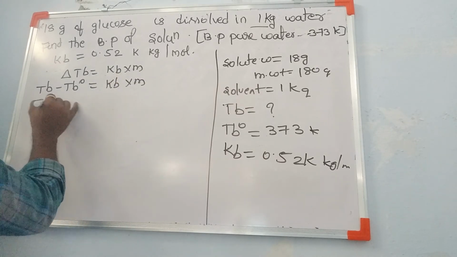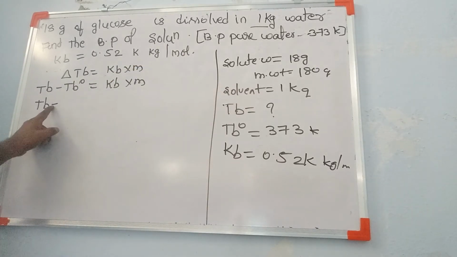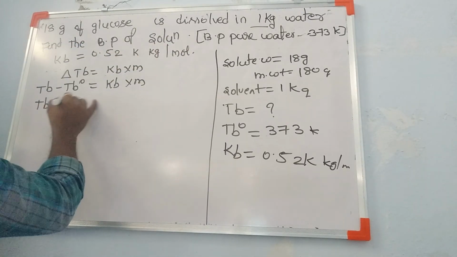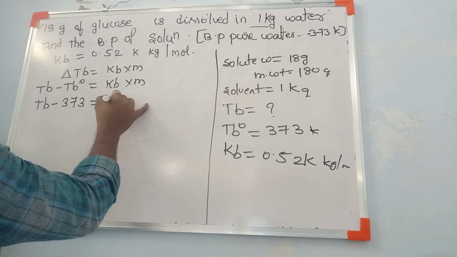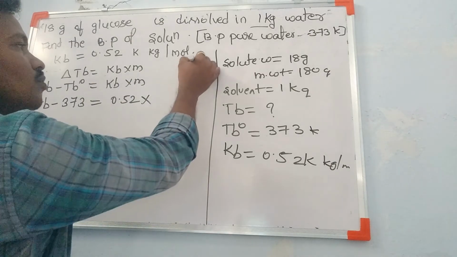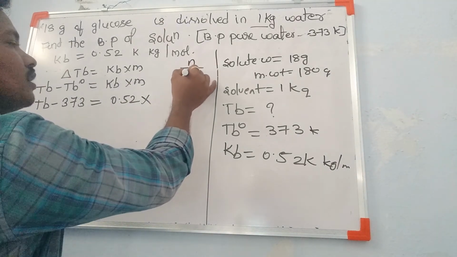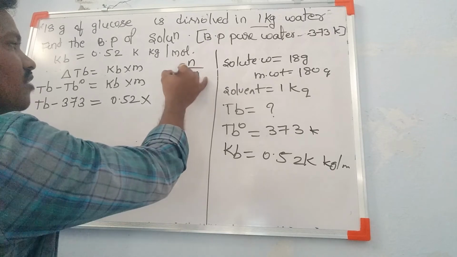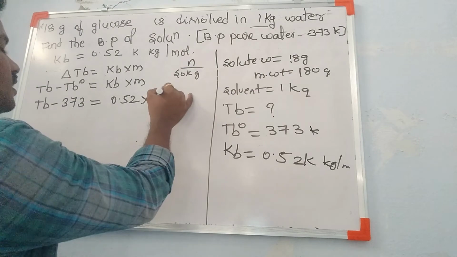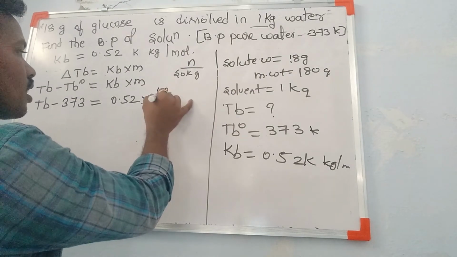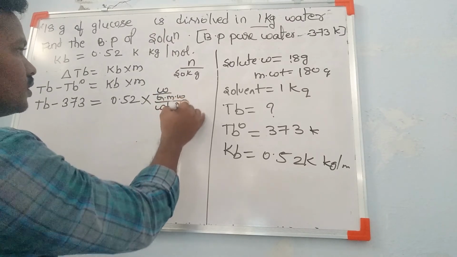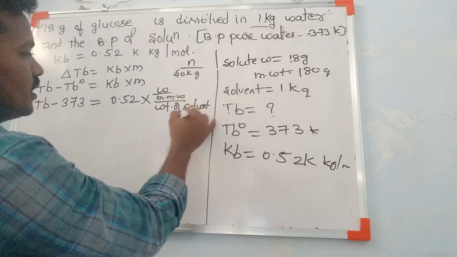So TB equals TB naught, the boiling point of pure water, 373 Kelvin, plus Kb, 0.52, into molality. How can you calculate the molality? Number of moles of the solute divided by the weight of the solvent in kg. Number of moles is 18 by 180, weight by gram molecular weight, divided by 1 kg.